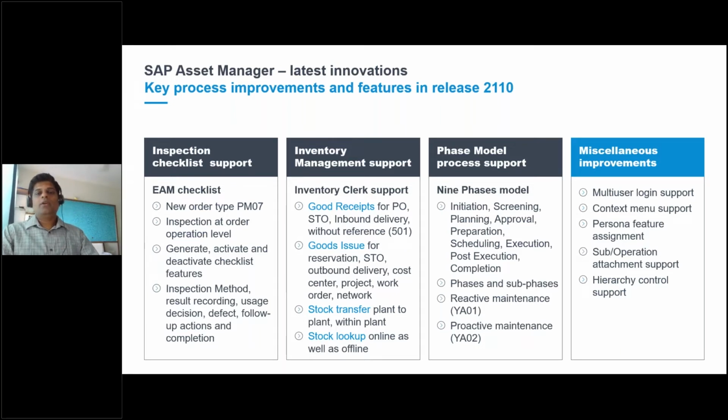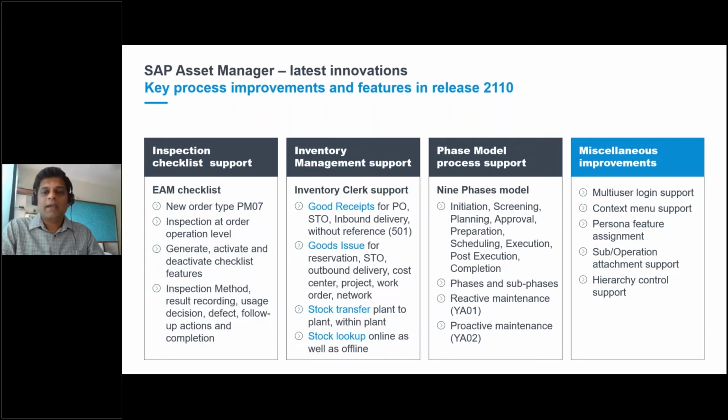Again, the 9-phase model is something quite familiar for S/4HANA Cloud customers, but for on-premise SAP has recently delivered this solution, which is now available in SAP Asset Manager. This is a concept where typically your work order or any maintenance work follows the create, release, takeover and completion kind of milestones.